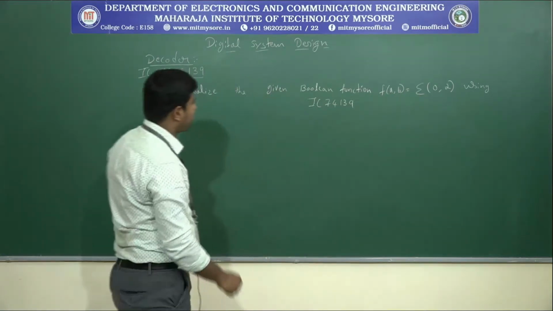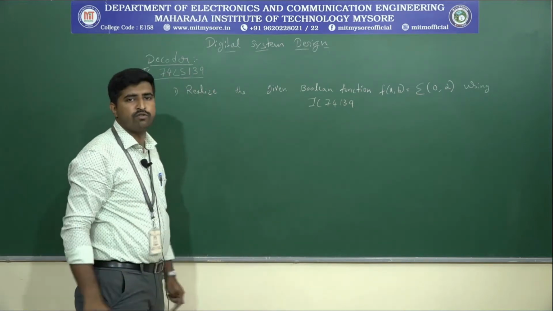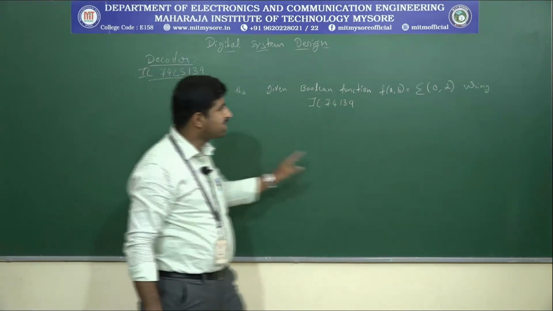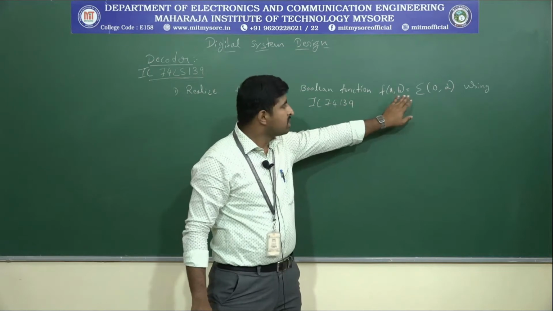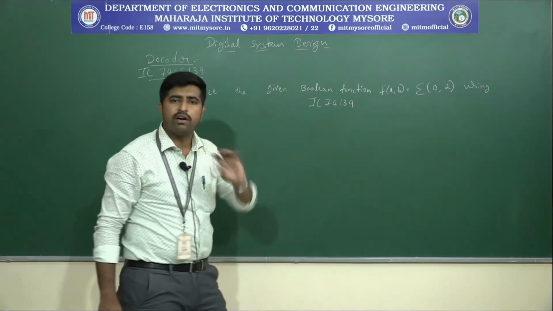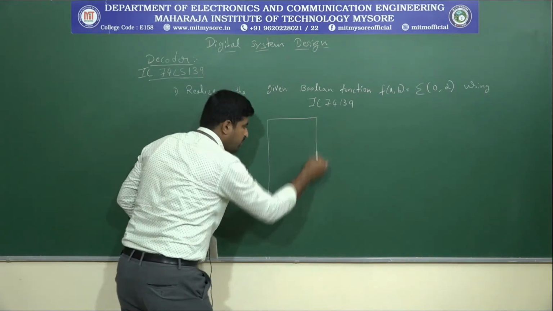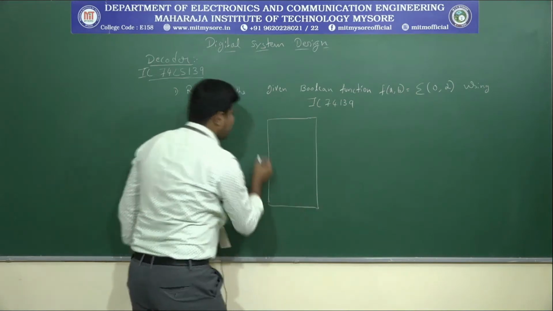Okay, so let's take the 74139 IC, that means a dual 2:4 decoder. From that, let's realize the given function. Since the given function has only two variables, we can use any one of the decoders. So in this dual 2:4 decoder, we can use any one.